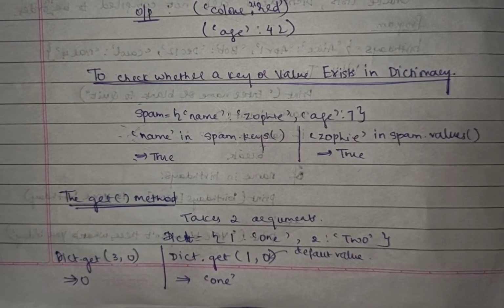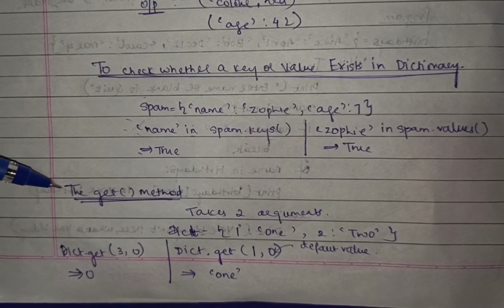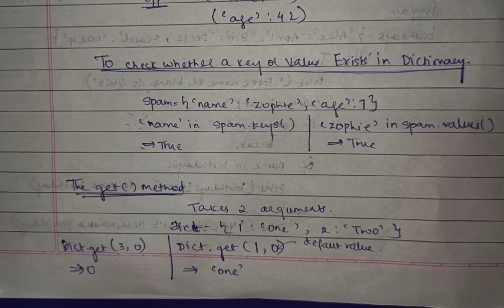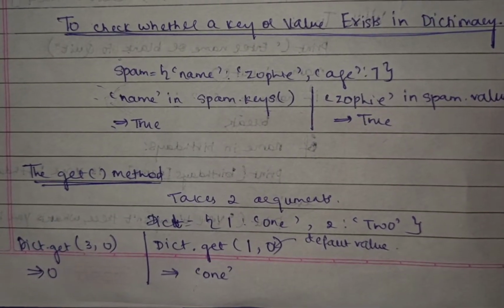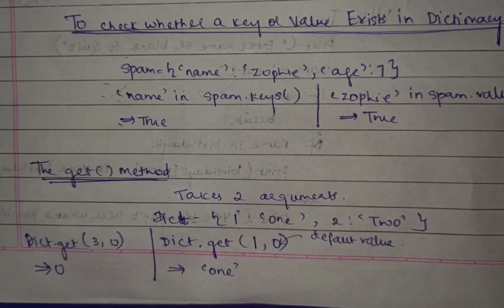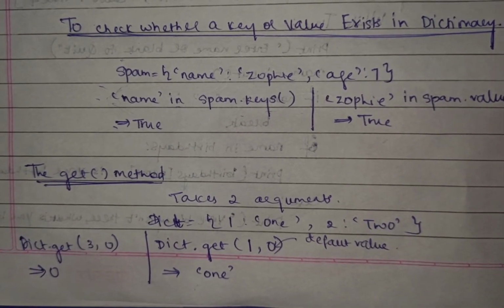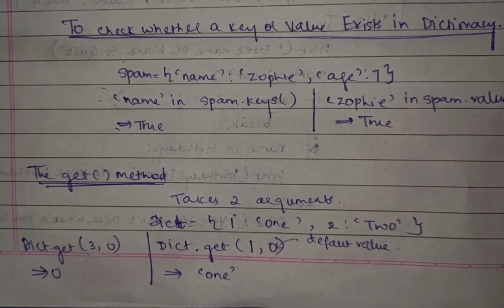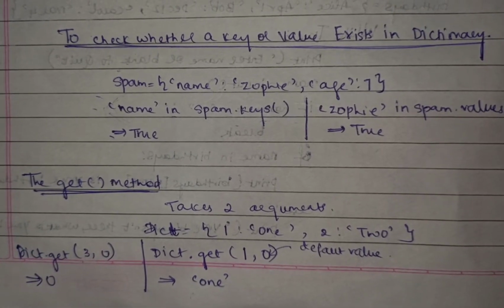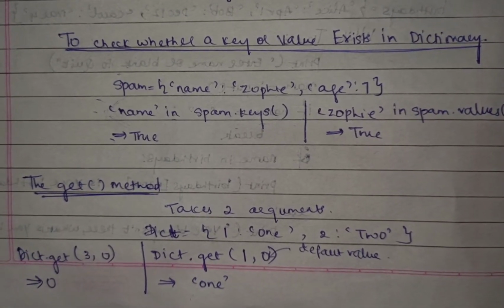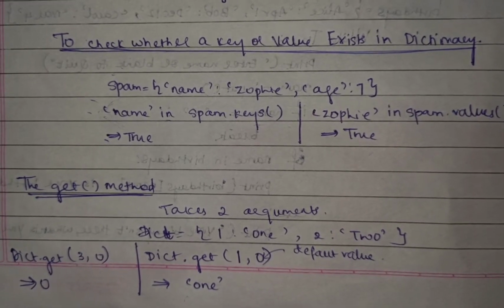Coming to the next method we have in the dictionary, that is the get method. In the get method, you have two arguments. The first argument would be the key, and the second argument would be a default value that is set to 0. What happens in the get method is you specify a key, and if the key is present in the dictionary, it will return the value associated with that key. If the key is not present in the dictionary, then it will return the default value which I have set, that is 0.